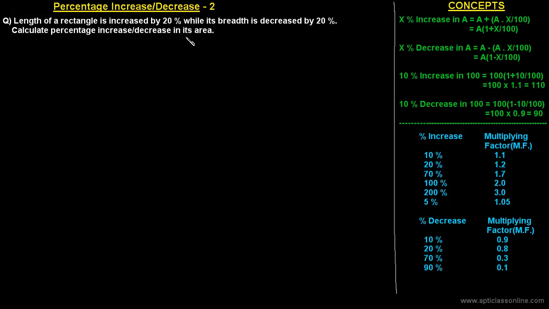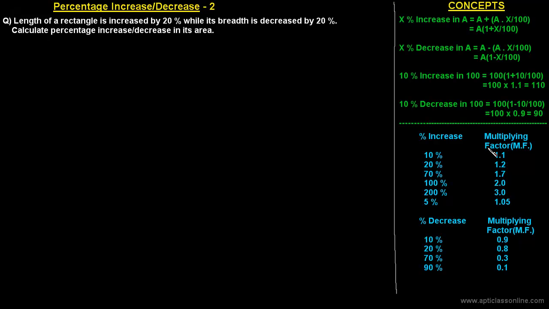Welcome to the class. In this class, we will extend our discussion of percentage increase and decrease with the help of this example. In the previous class, that is in part 1, we have discussed these concepts and these multiplying factors.